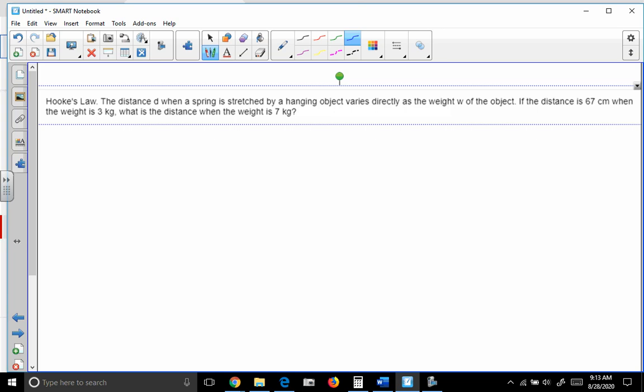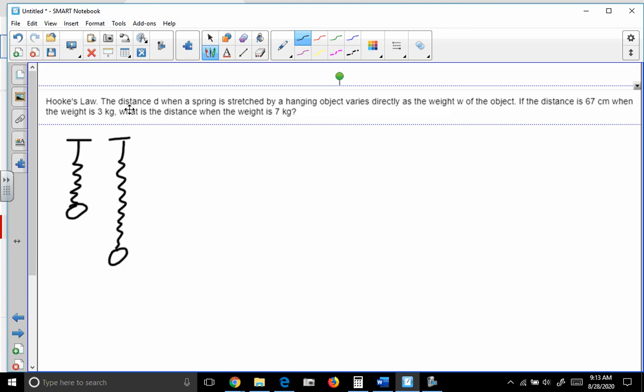Okay, this one is about Hooke's law. I won't go into the physics behind it, but you know that if you have a spring, the heavier the mass you put on the spring, or the harder you pull on the spring, the farther it stretches.